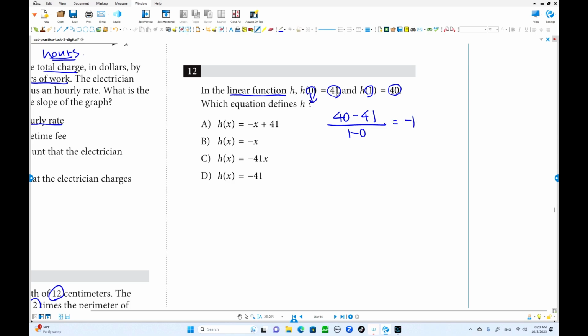When x equals 0, y equals 41, so the y-intercept is 41. The equation has slope negative 1, so negative x, and y-intercept 41. That's the slope-intercept form, y equals mx plus b. So negative x plus 41 is the answer. Or you can put x equals 0 and x equals 1 in the equation and see which one satisfies both. You can choose that way too.